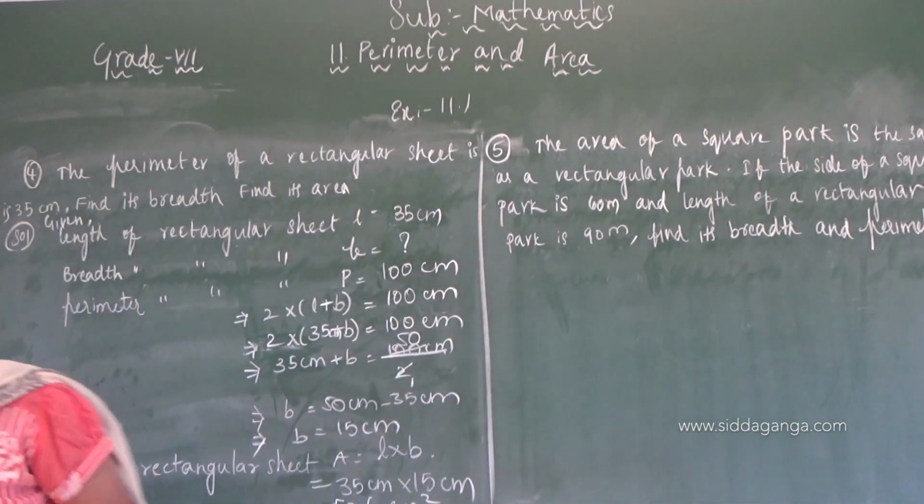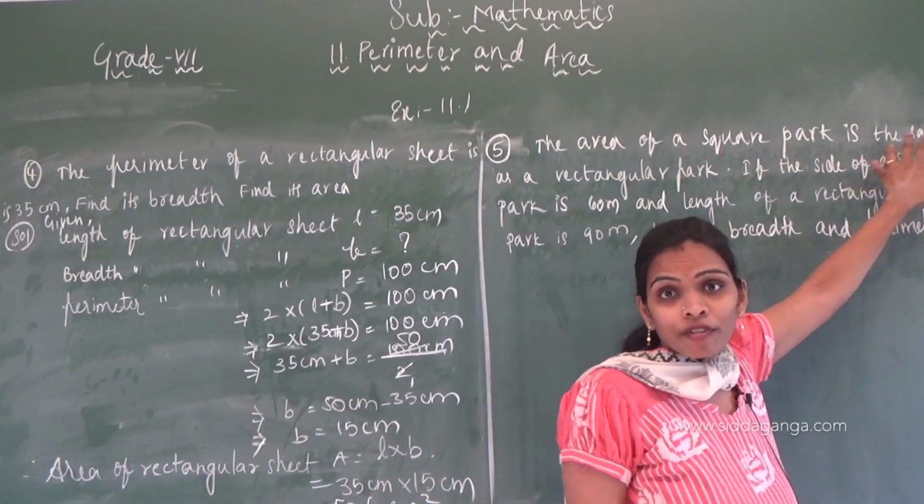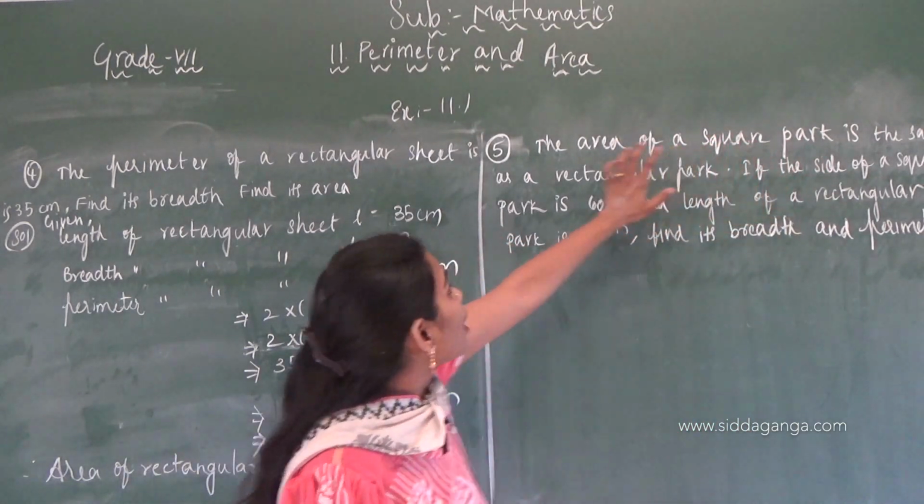Here what are they giving? They are giving the area of a square park. Like the example problem we did, we have to do this.